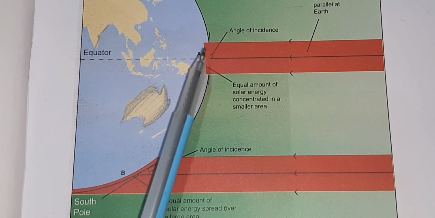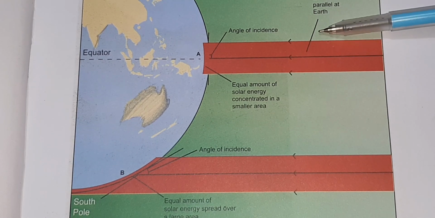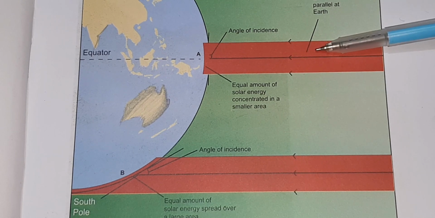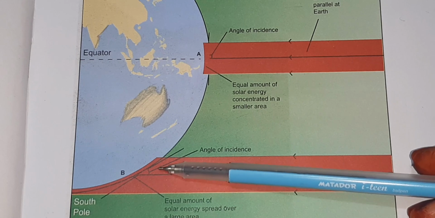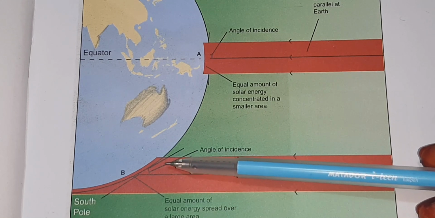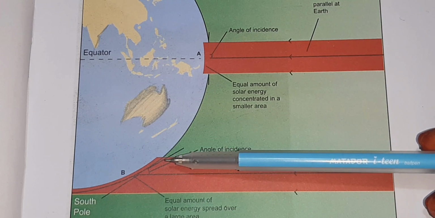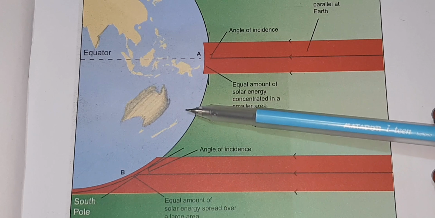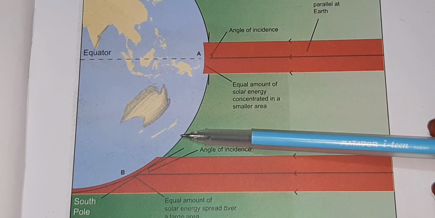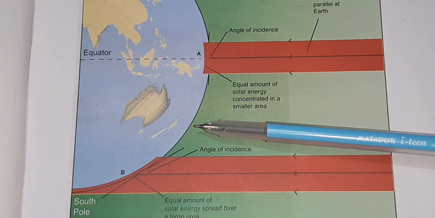Here the sun's rays arrive parallel at the earth, and here you see the angle of incidence. So this is the equal amount of solar energy spread over a large area. All right, so that is latitude influencing temperature.